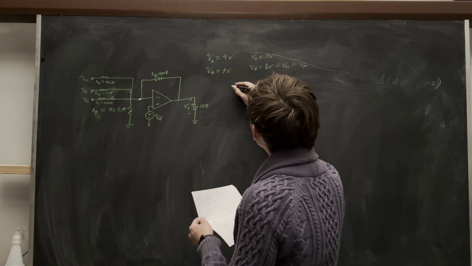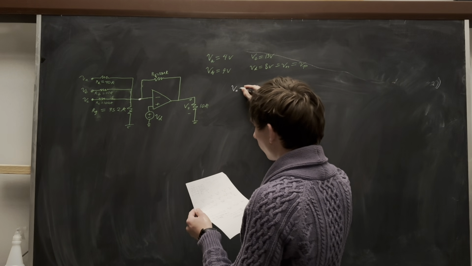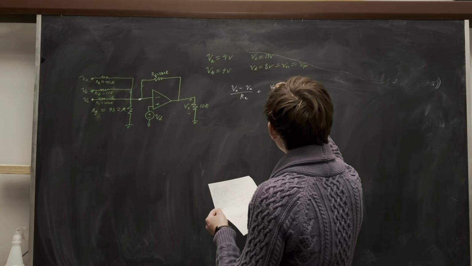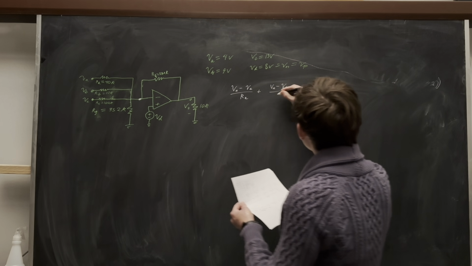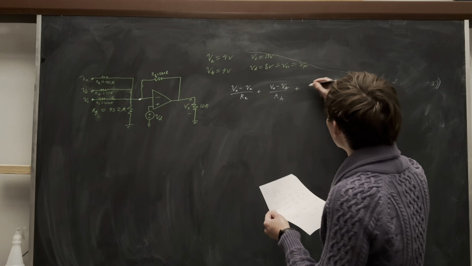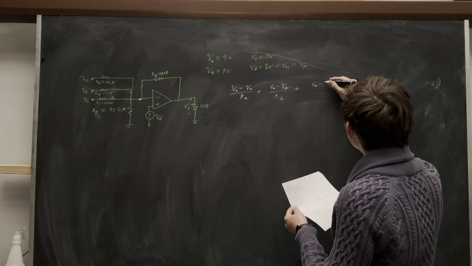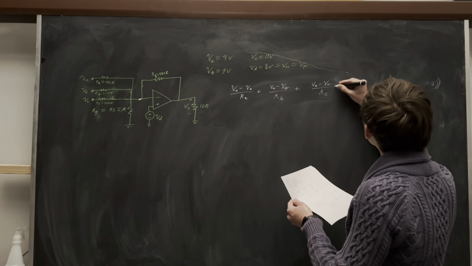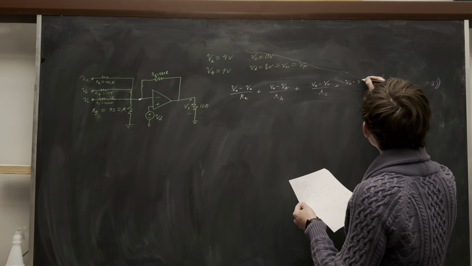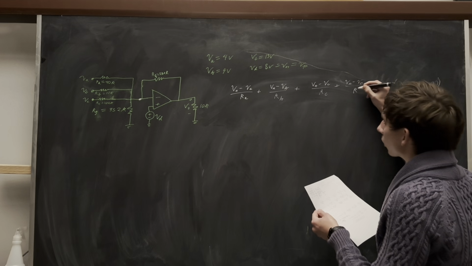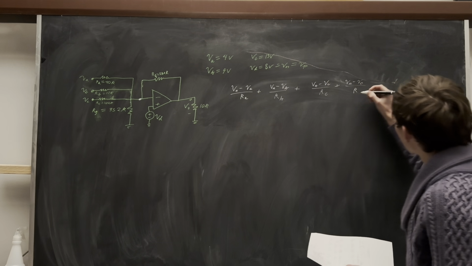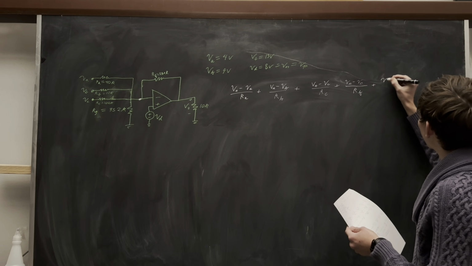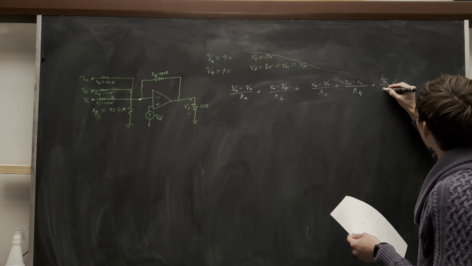So it's just Vn minus VA over RA plus Vn minus VB over RB plus Vn minus VC over RC plus Vn minus V naught over RF, this feedback resistor here, plus Vn over Rg.